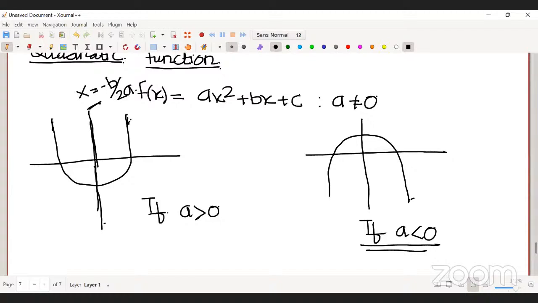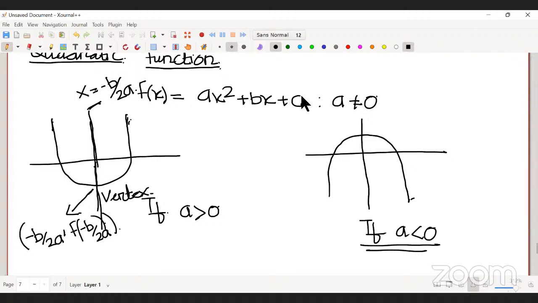Once I know the axis of symmetry, then I can get the vertex, which is minus b by 2a and f of minus b by 2a.